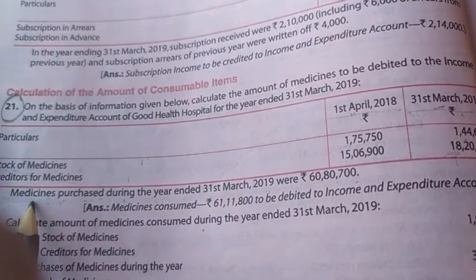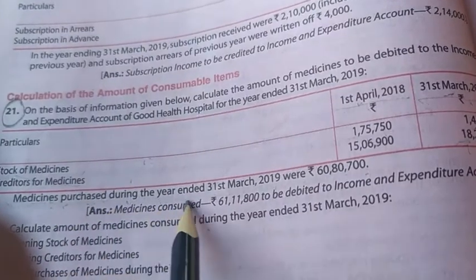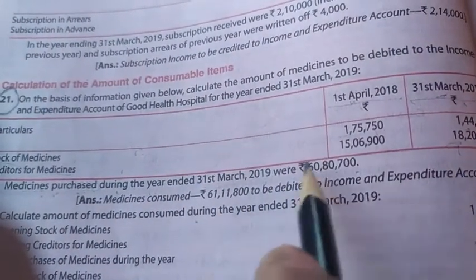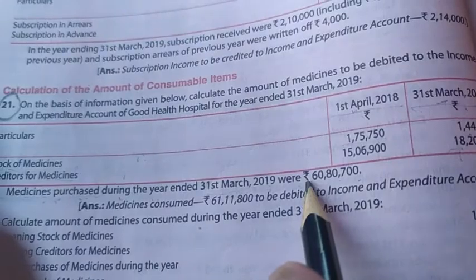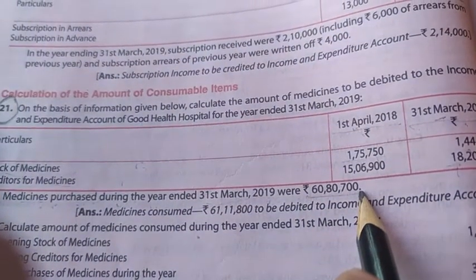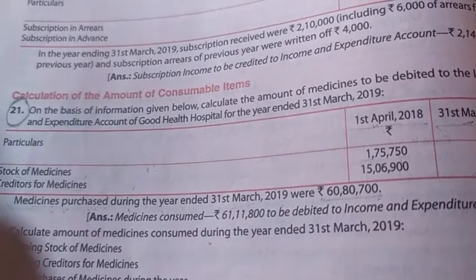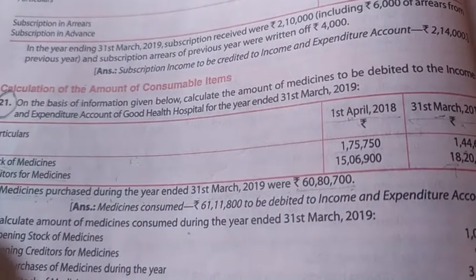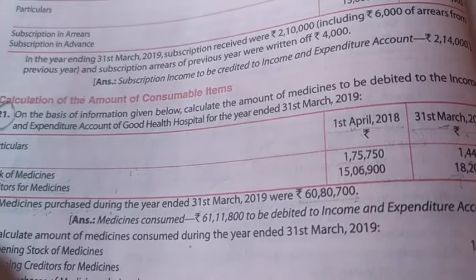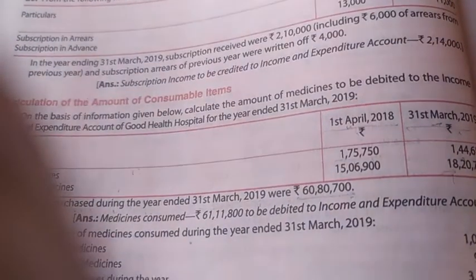With this, you are also told that the medicines purchased during the year were the amount 60,80,700. So when we have to find out the amount of medicines consumed, we have to calculate that amount from the information here.